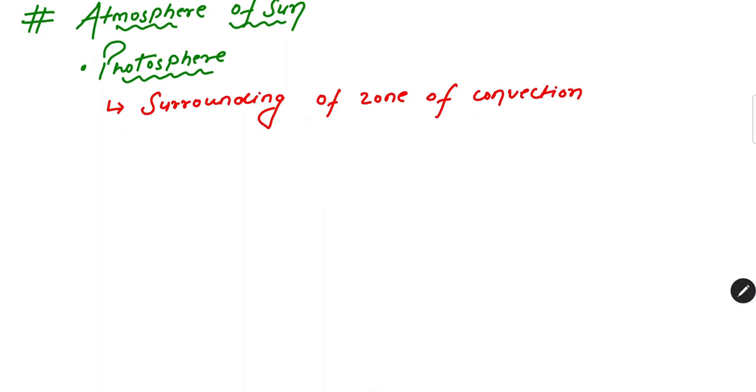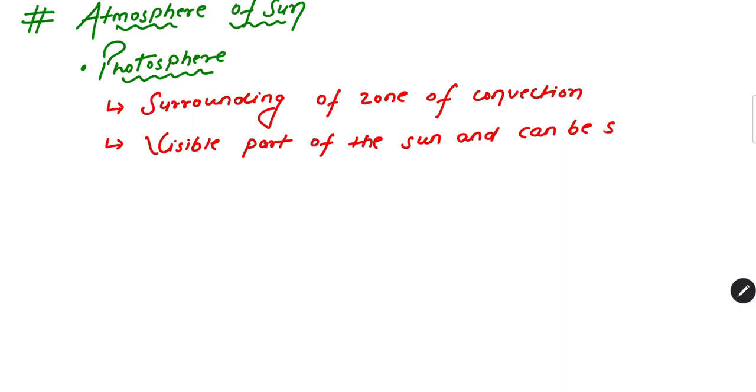Now, the interesting part is that this photosphere we can see by our naked eye. So the second statement we can write: visible part of the sun, and can be seen by our naked eye.